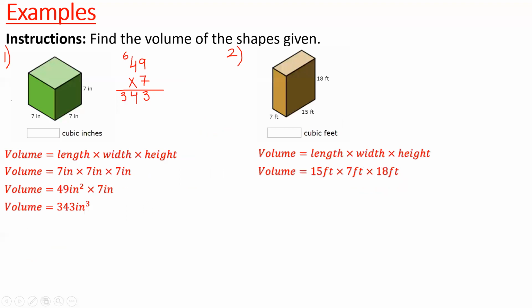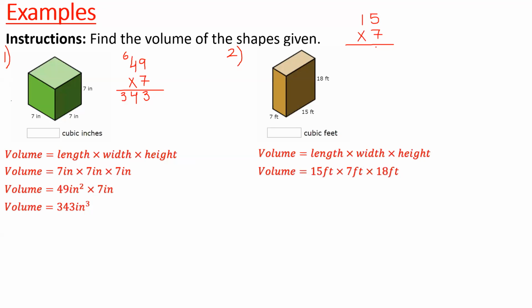So we have to multiply 15 by 7. 7 times 5 is what? 35.